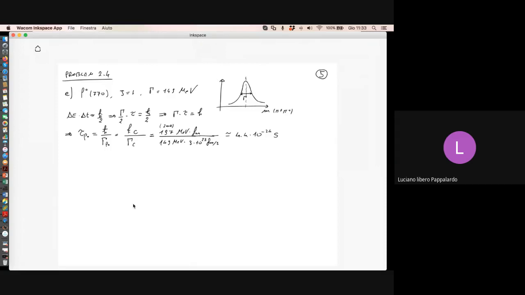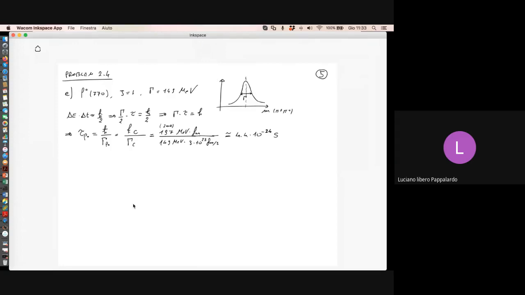So now a question for you. What kind of interaction can regulate this decay? Can somebody tell me? Given this short decay time. The weak interaction? The weak is very slow, on the contrary. The strong interaction, yes. This we will study even more later in the course.